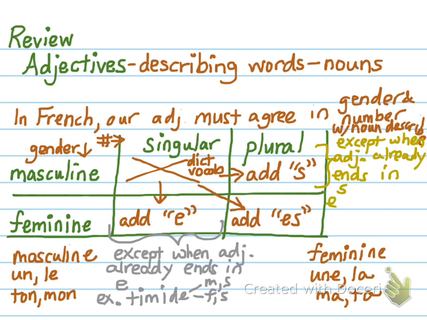An example of that is anglais, which is English. That's the masculine singular form, but because anglais already ends in an S, this is also the masculine plural form because we don't add an extra S to it to make it masculine and plural. So that's what we have already talked about with these adjectives.